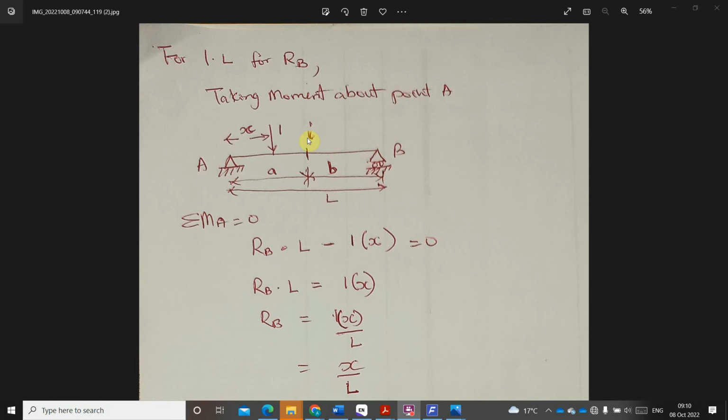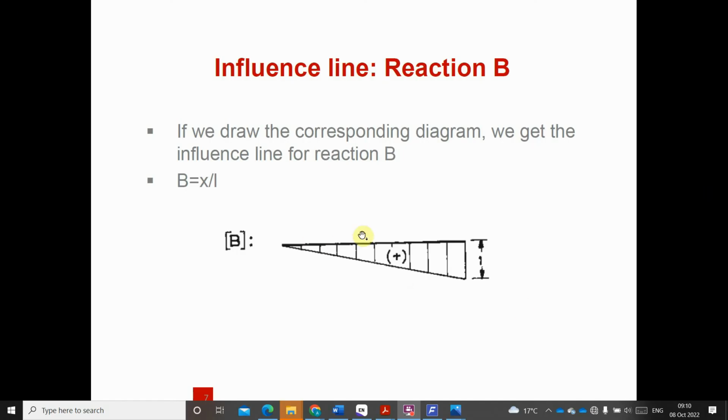And likewise, as it moves to the point when X equals L, if you put L here, we'll have it as 1. So the influence line for reaction at B moves in this direction, and we have 1 at this end here. Let me just show you how it will look. This is what we are going to have for the influence line for reaction at B.